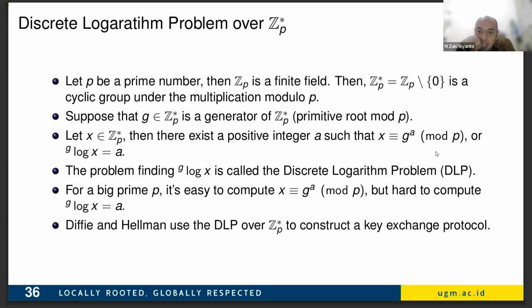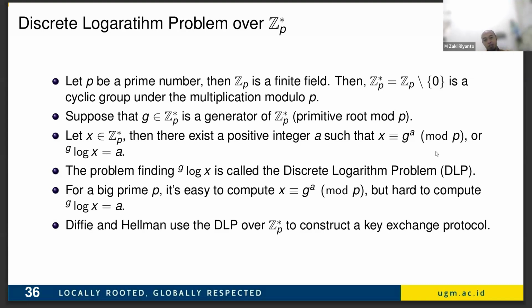Then Zp star, or Zp without zero, is a cyclic group under multiplication modulo p. Since Zp star is a cyclic group, Zp star has a generator, or we call it a primitive root modulo p.